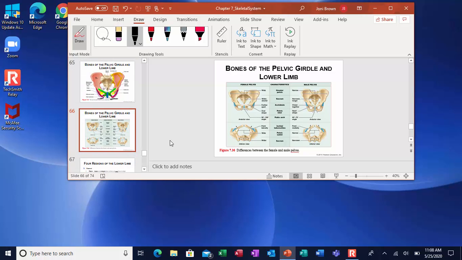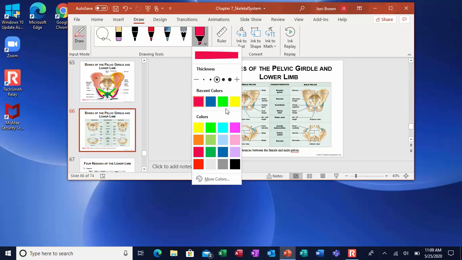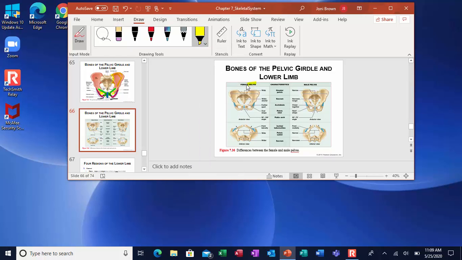You can see the difference in a male and a female pelvis here. The female pelvis is over on this side. You see how much broader the opening is and how it's not very deep. Guess why, girls? This happens at puberty, and this is so that we can deliver babies.